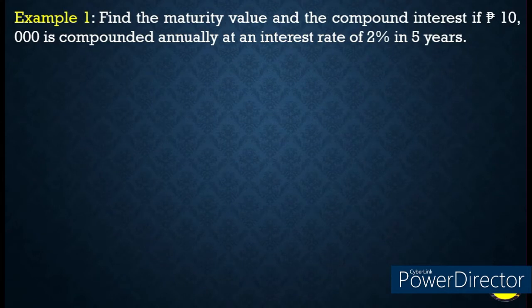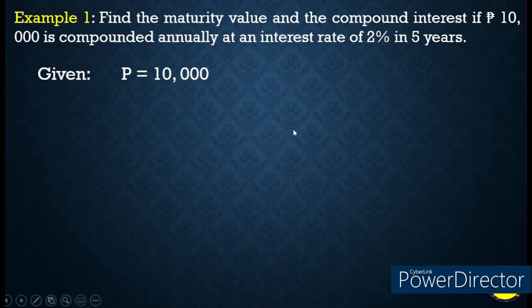So ano yung mga given natin dito? First, since nakalagay naman dyan na ang kailangan natin kunin is maturity value, so therefore ang 10,000 na yan is the present value amount. So that is 10,000. So next is yung rate natin. So 2%. So sabi ko nga kanina, dapat i-convert natin into decimal.